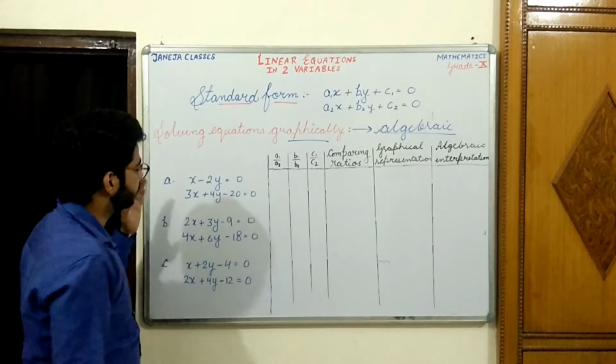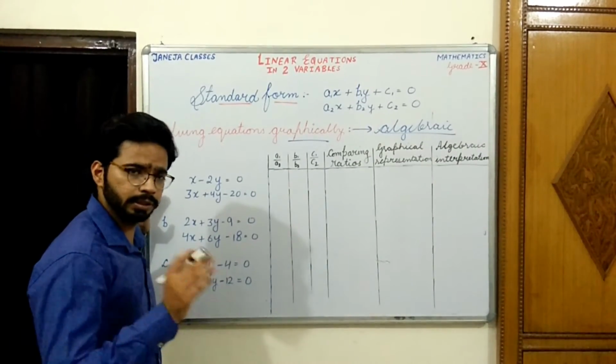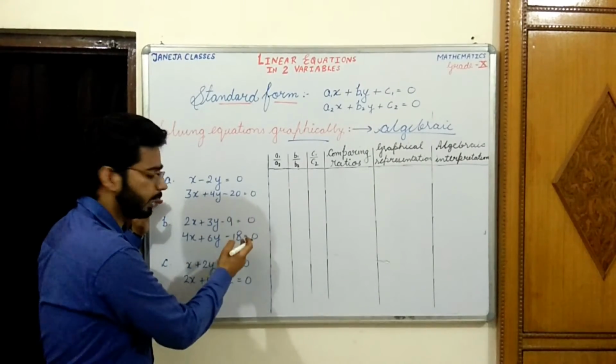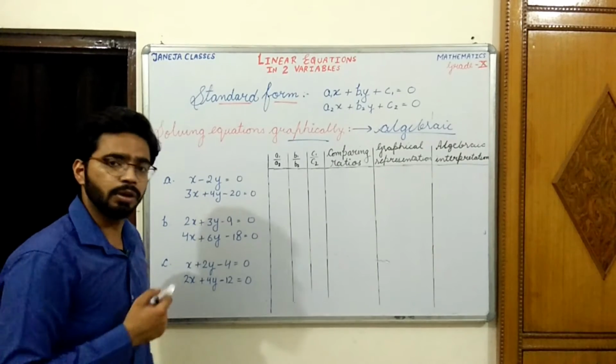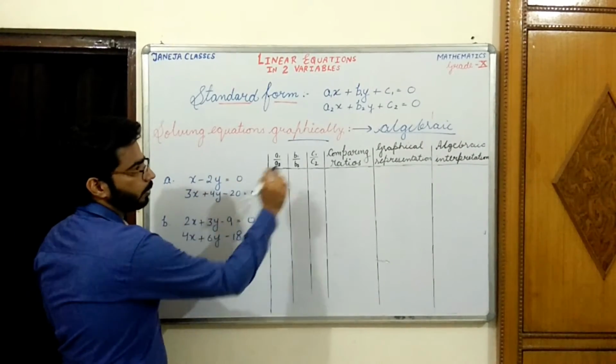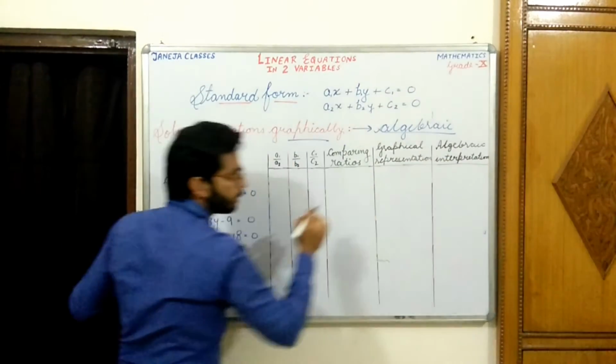See, this was our first equation that we did in the first chapter. Students, just listen carefully. This is our first equation, this is the second equation that we have solved, and this is the third equation that we have solved. Now I am going to tell you the algebraic interpretation.